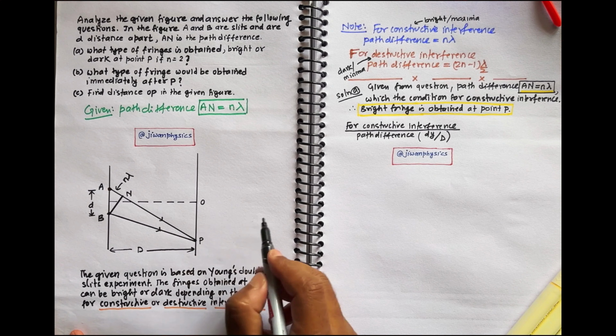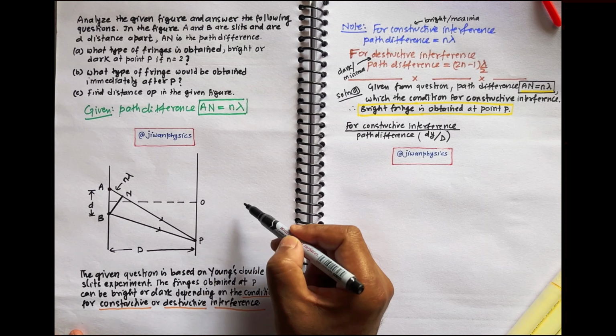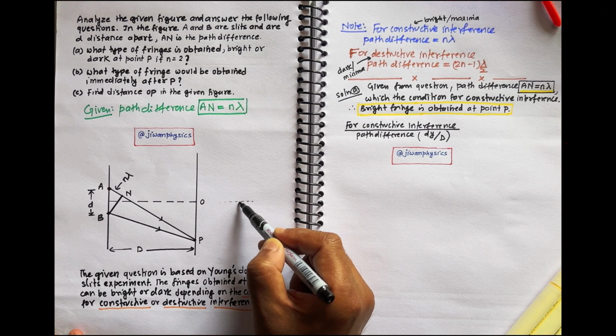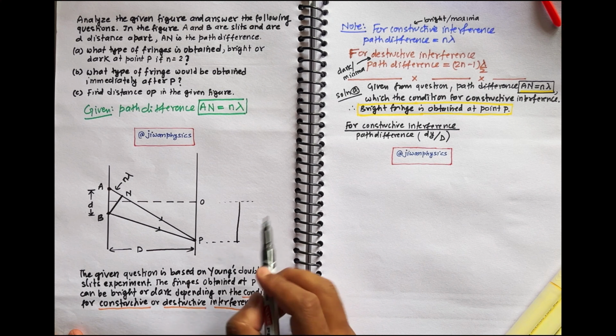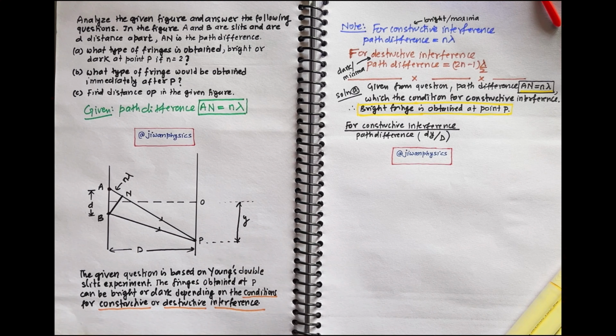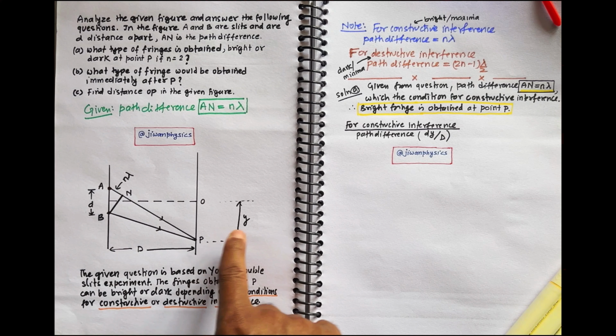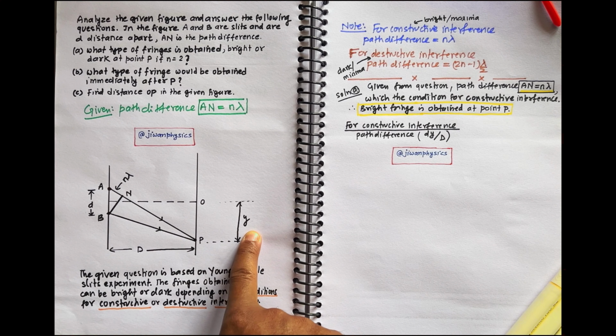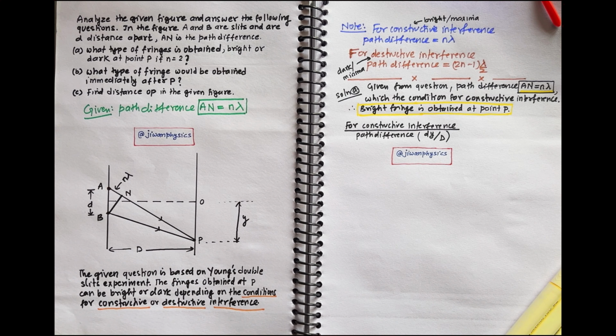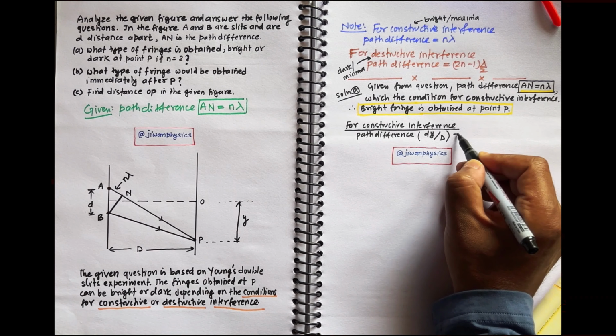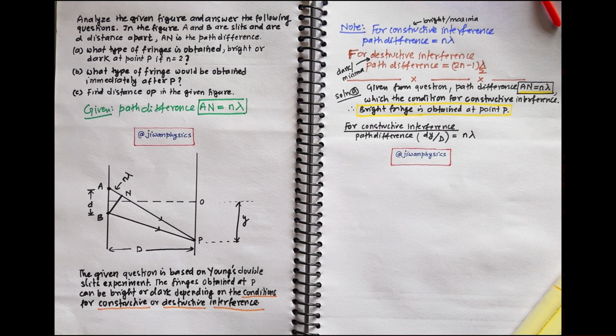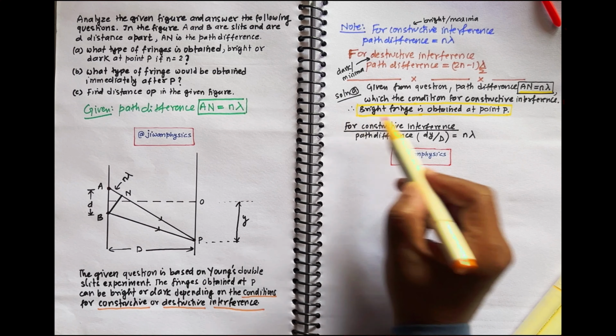Let's say I'm drawing in this way, this distance is y. It is the position of bright at point P when we have constructive interference, or it represents the position of dark when we have destructive interference. Right now we are having constructive interference, so y represents the position of bright fringes. Clear? We are going to discuss it in more detail. So this equals n times lambda, which is the condition for constructive interference.